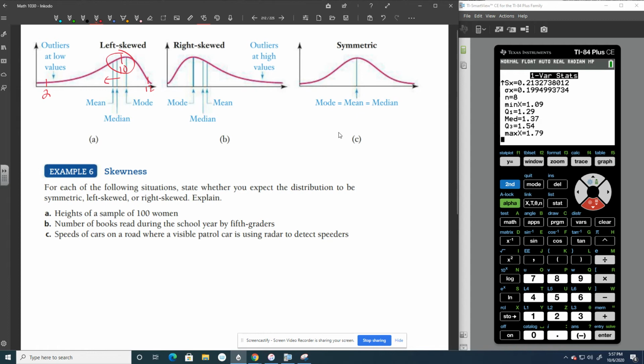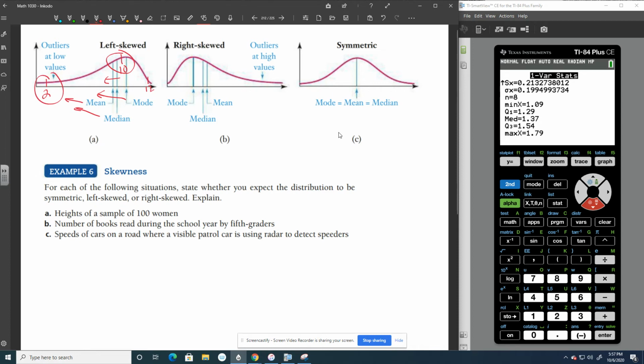It's skewed to the left because of this outlier on the left. The data is grouped to the right, but the averages, the data, or not the data itself, the measurements that we're taking are being skewed left because of this outlier.